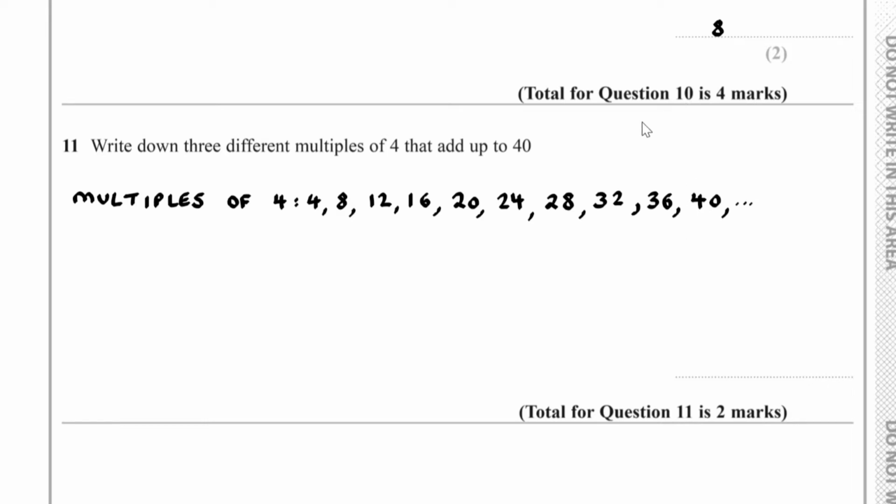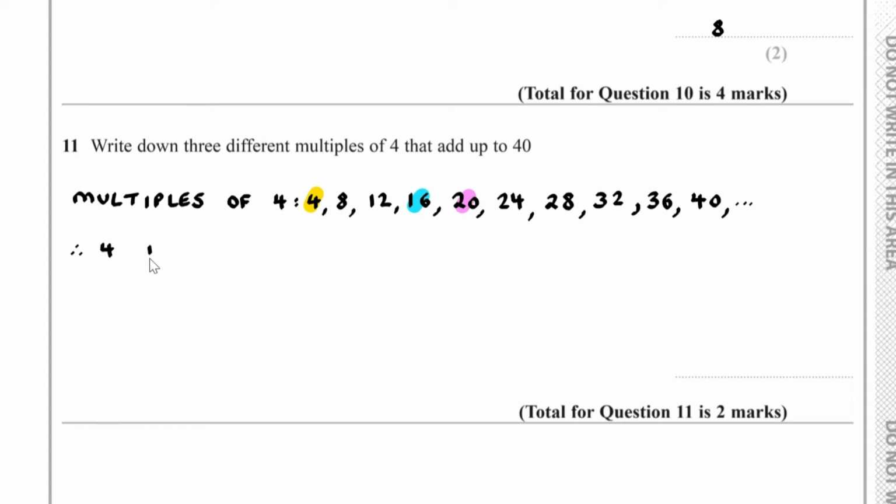Now we want 3 numbers which add to give 40. Well, what I can do is add together the 4 and the 16, that will give 20, and then if I add on 20 to that I would get 40.